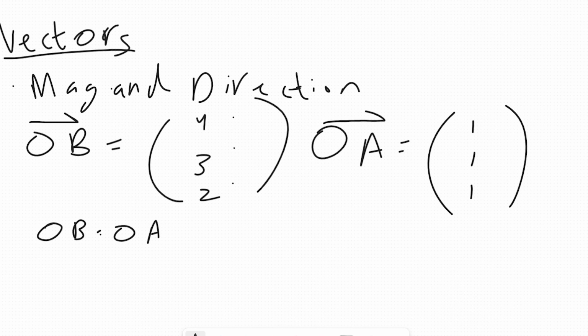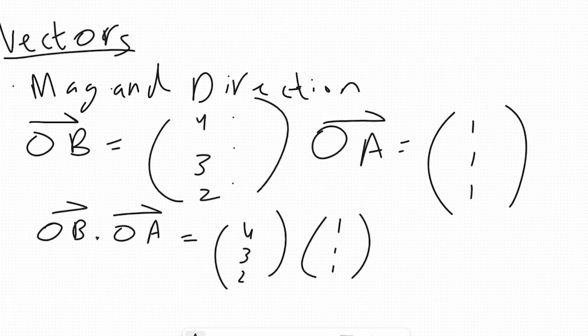Now this small dot is used when we need to calculate a scalar product, which means that when we are multiplying two vectors, we use a dot. I'm sorry, I forget the arrows every time. So how do we calculate a product of these two vectors, (4, 3, 2) and (1, 1, 1)? That is simple.